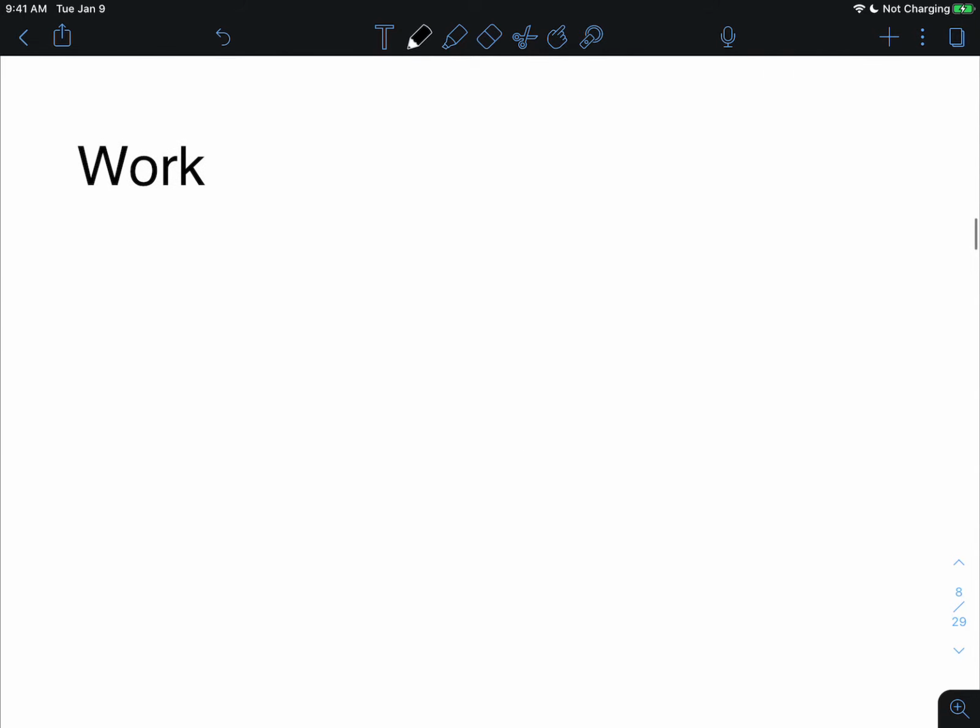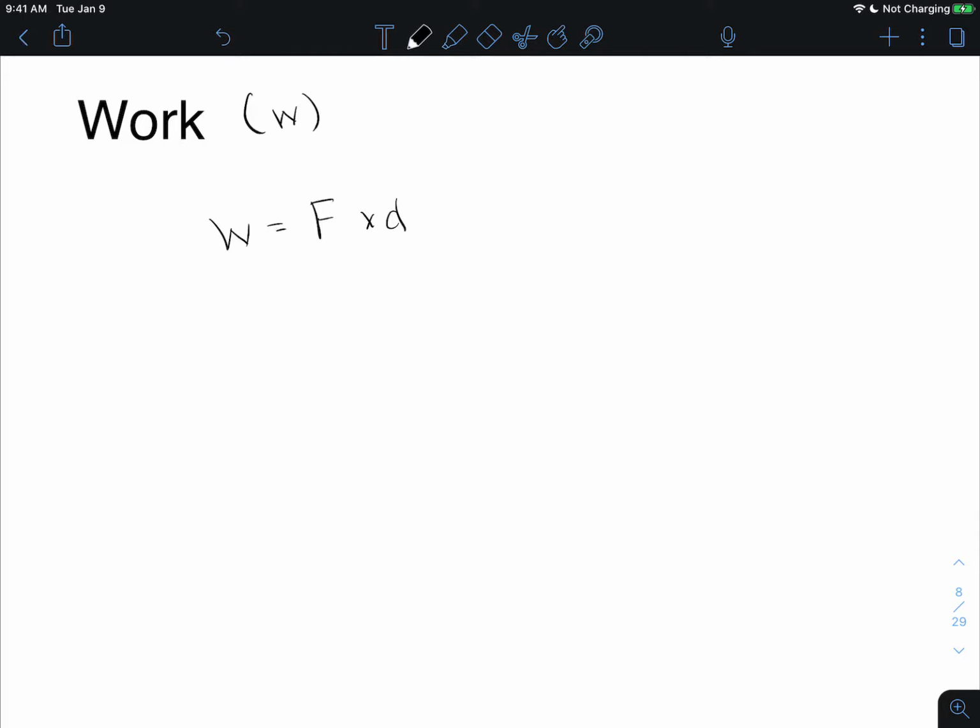Okay, let's look a little bit more at work. So work is given the symbol lowercase w. And it is the energy to move an object over some distance. So work is equal to force times distance. So however much force you exert on an object, and the distance it goes will determine how much work has been done. So this is force.